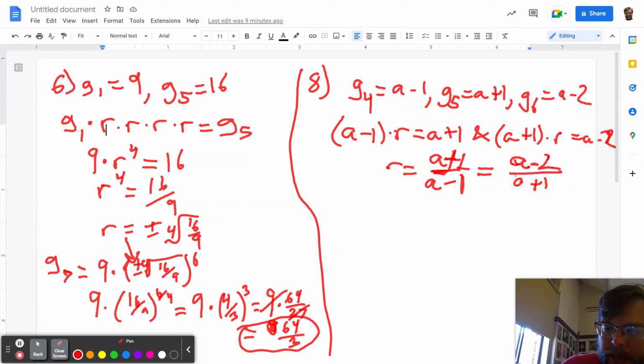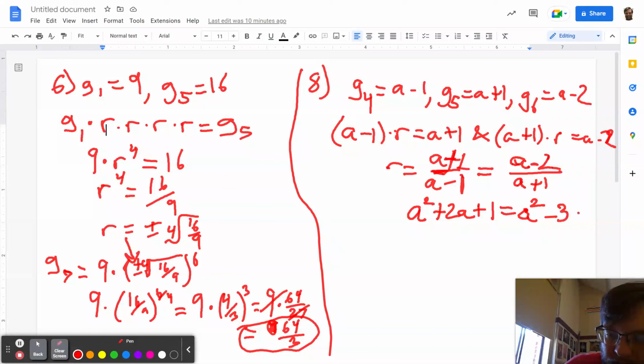So by cross multiplying, I can get, let's see if it'll work with me, a squared plus 2a plus 1 equals a squared minus 3a plus 2.